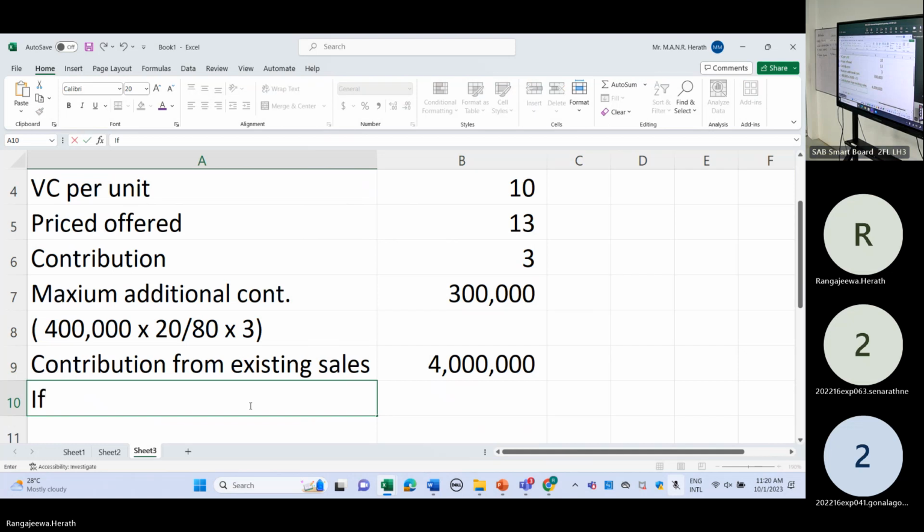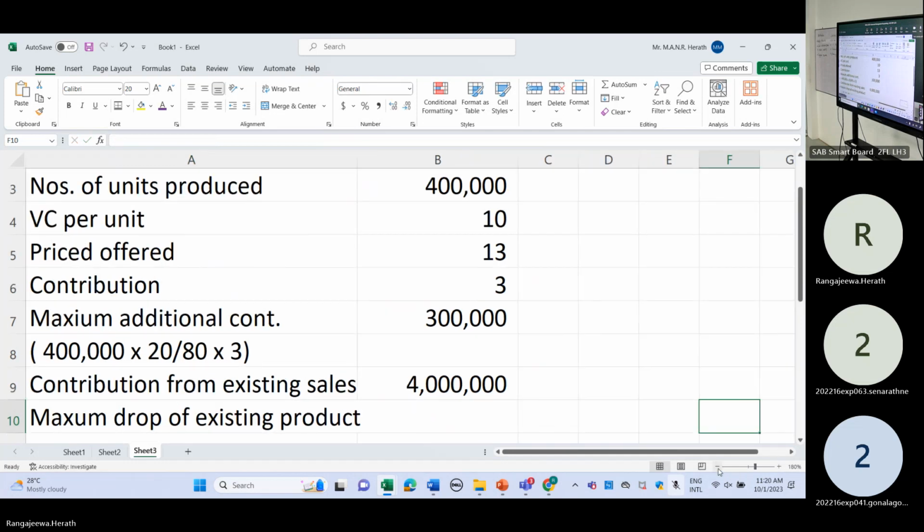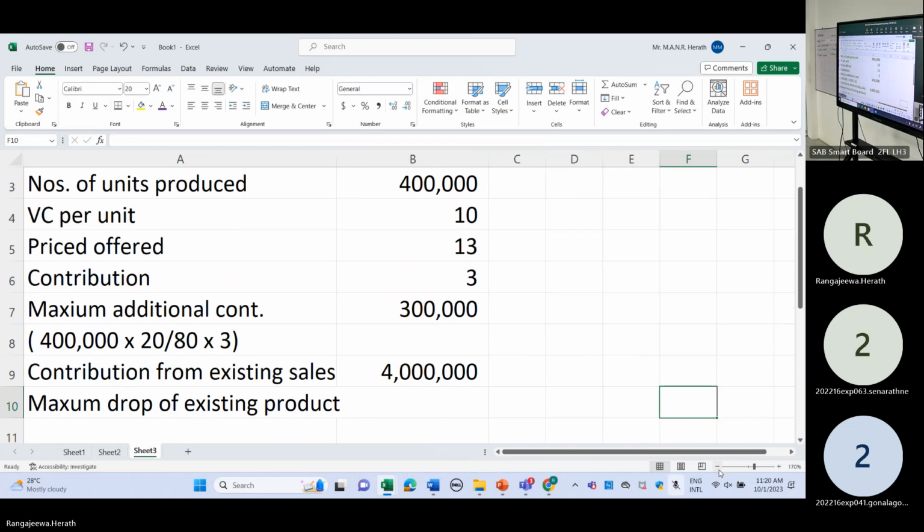If for the maximum drop off in existing product sales.